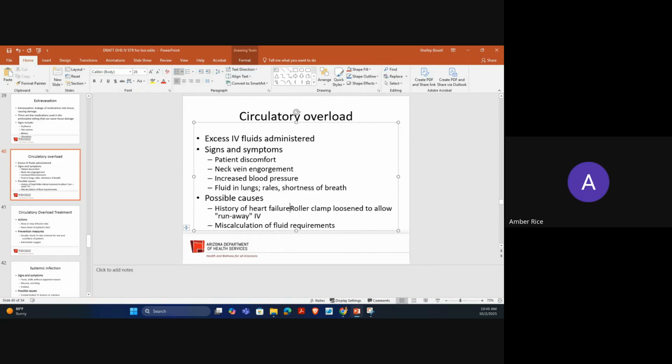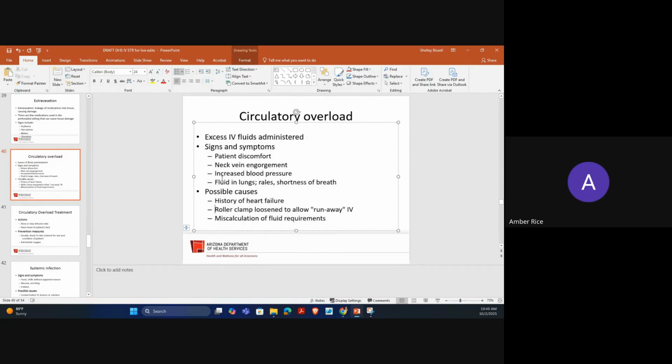It's not the easiest thing to assess for an EMT. But it is one of the signs. And then maybe instead of rales, Shelley, maybe we change that word to crackles. It's probably more recognized.